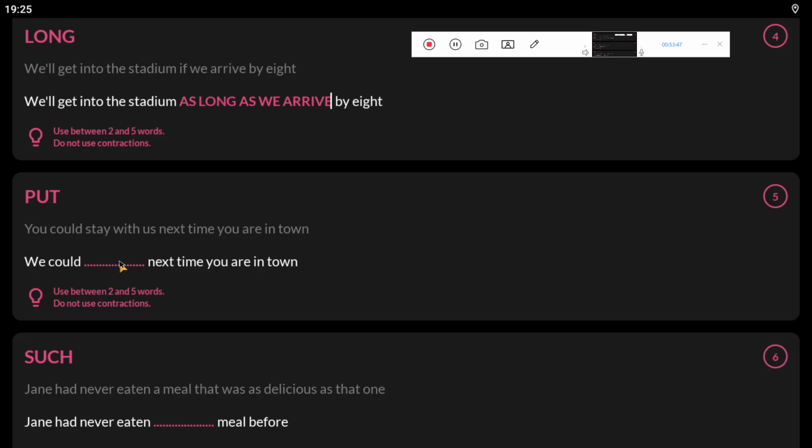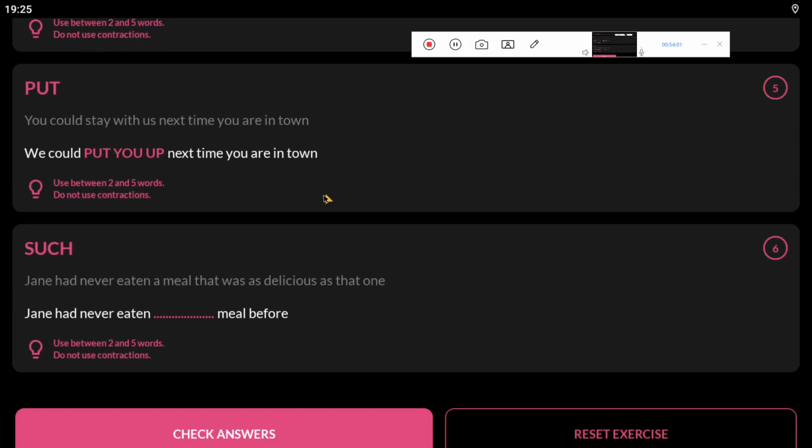Put up. Yes, it could be put up. So we could put you up, right? Next time that you are in town. Podemos alojarte, right? That is the exact meaning. Put someone up.